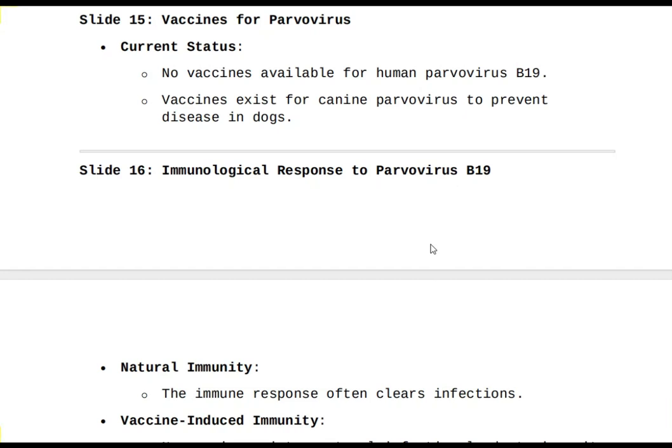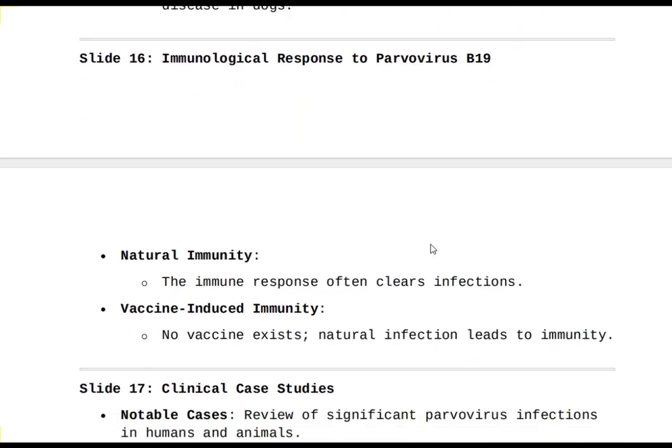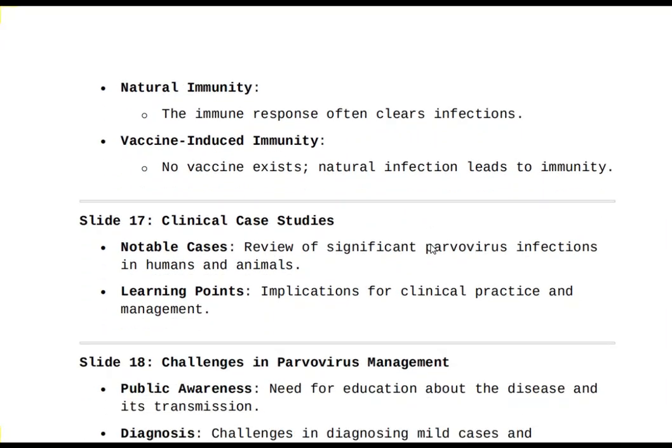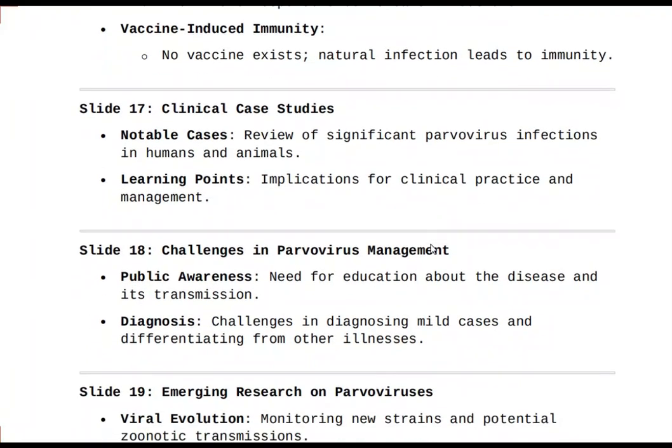Currently, there are no vaccines available for parvovirus B19, but for canine parvovirus, there is already a vaccine. Natural immunity is available, but there is no vaccine-induced immunity, as we are talking about human infections.